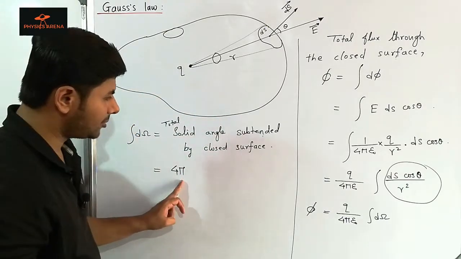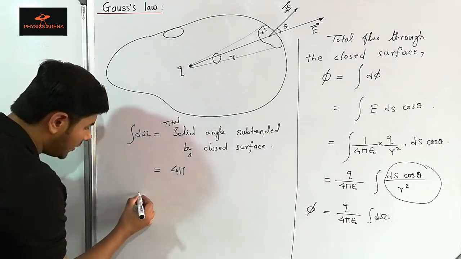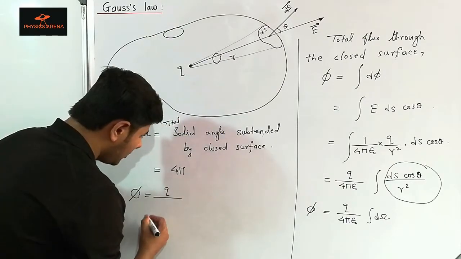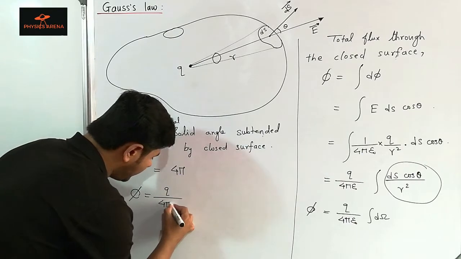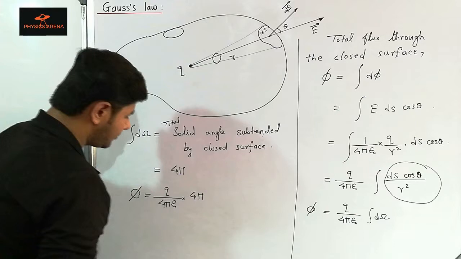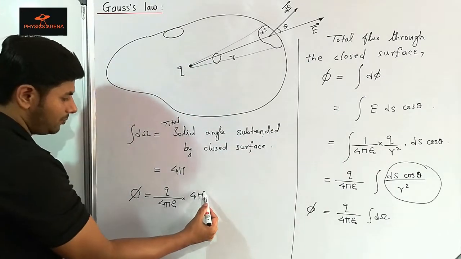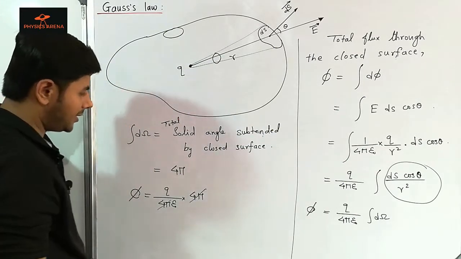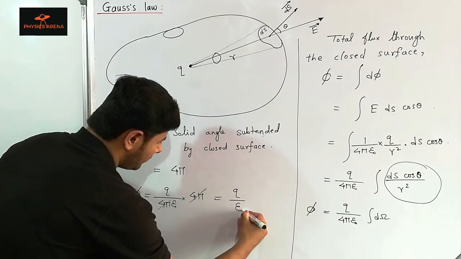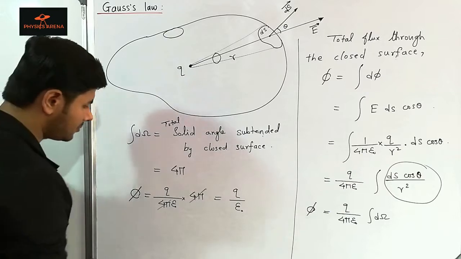So we can substitute it here. So we get phi is equal to Q divided by 4 pi epsilon naught multiplied by 4 pi. So this 4 pi and 4 pi get cancelled, and we have phi equals Q divided by epsilon naught.